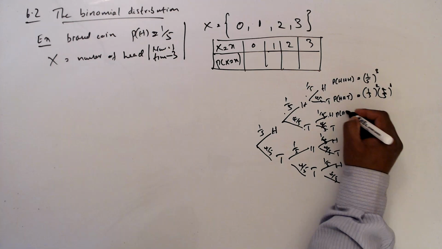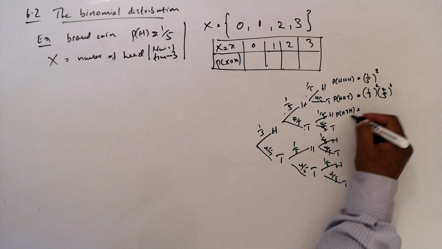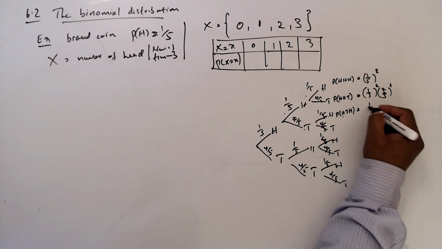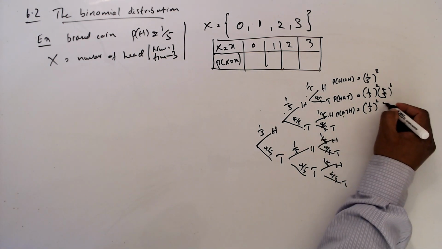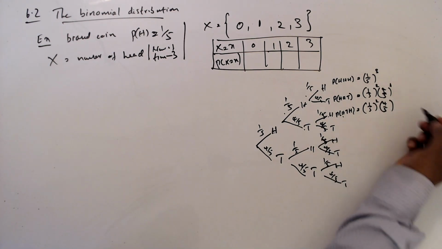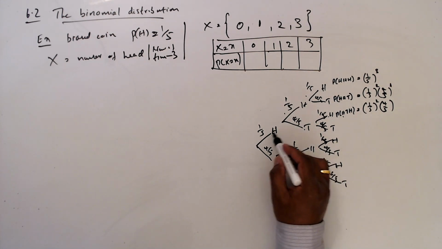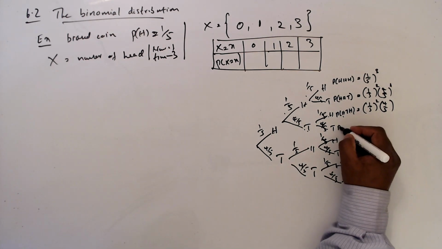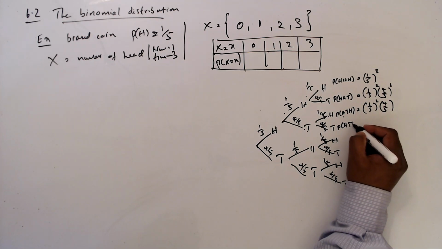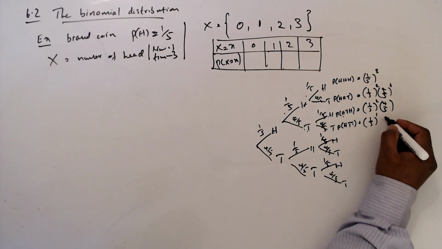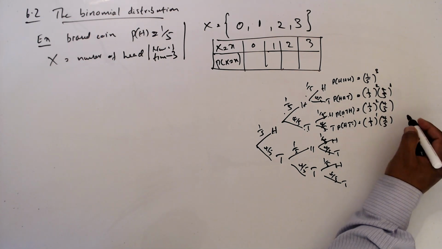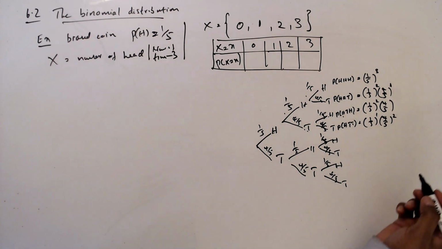Probability of HTH is 1 over 5 squared, then 1 tail, 4 over 5. And this is head, tail, tail: 1 head and 2 tails, 1/5 times (4/5)^2.